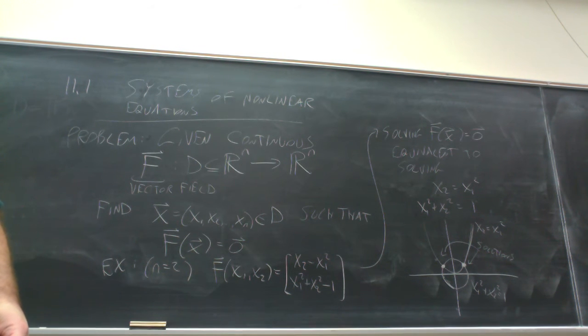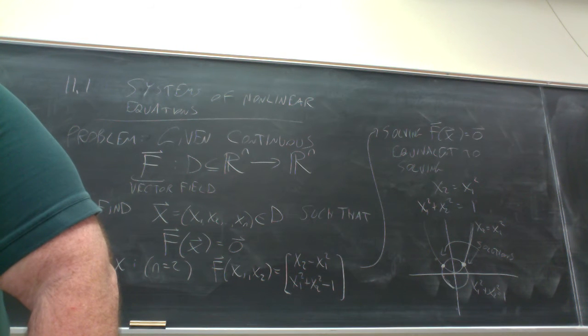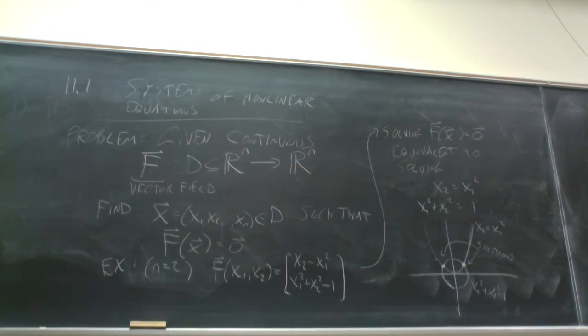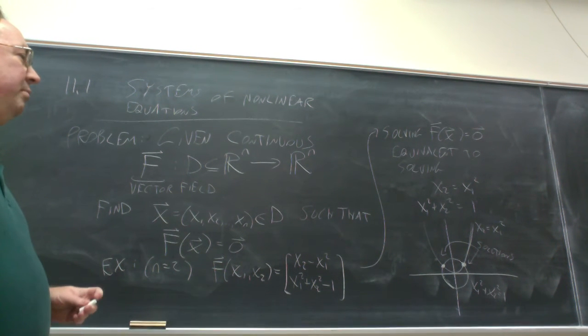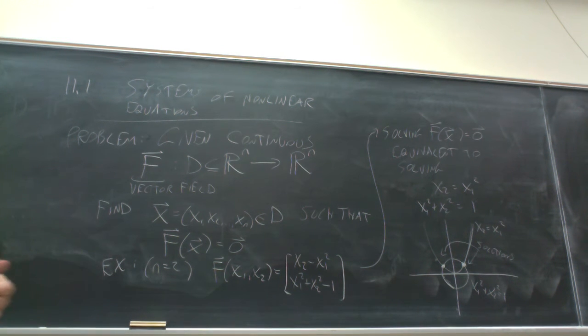Okay. So actually, the first kind of method that I'm going to take from chapter 10 to describe how it can be generalized to solve this kind of equation is fixed point iteration.